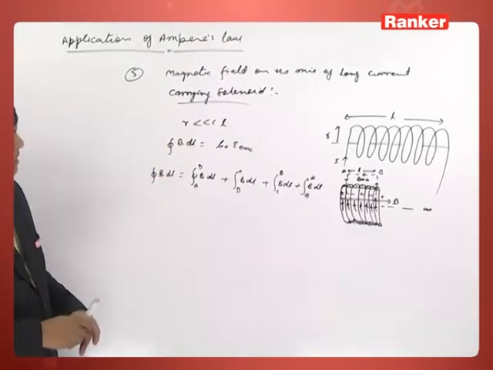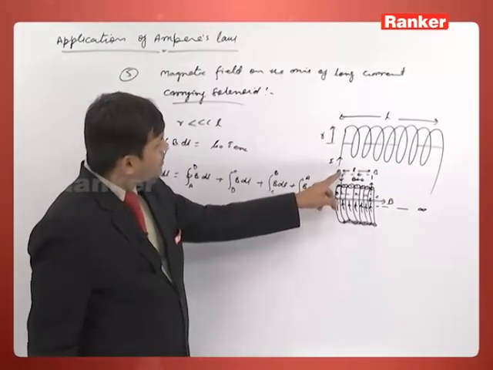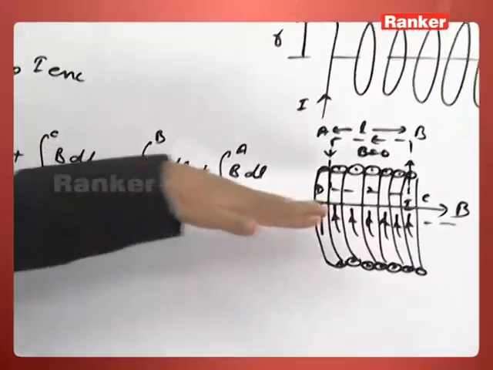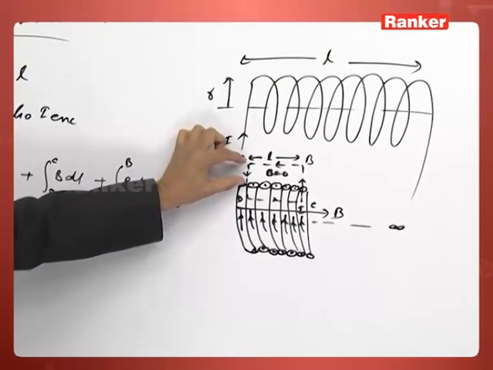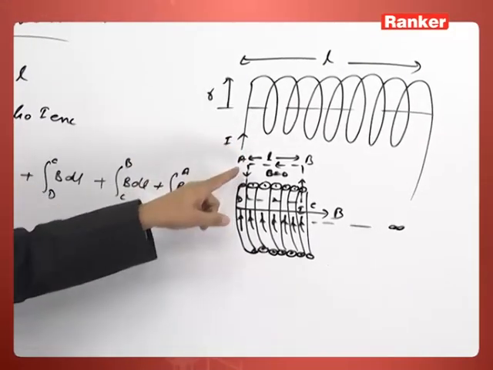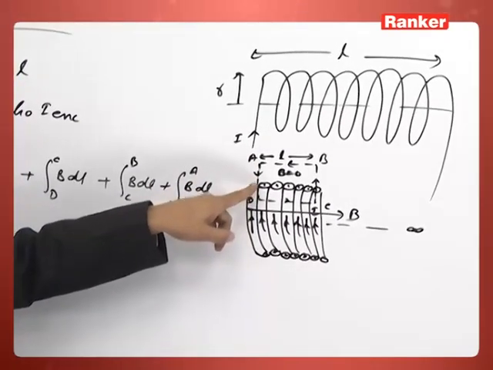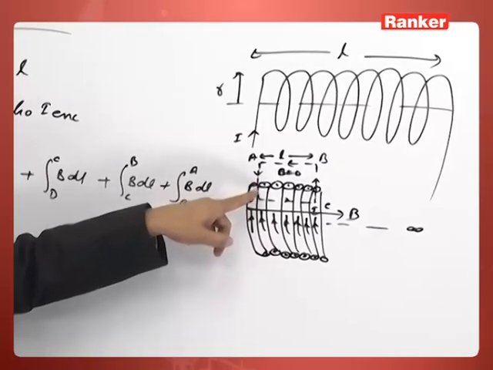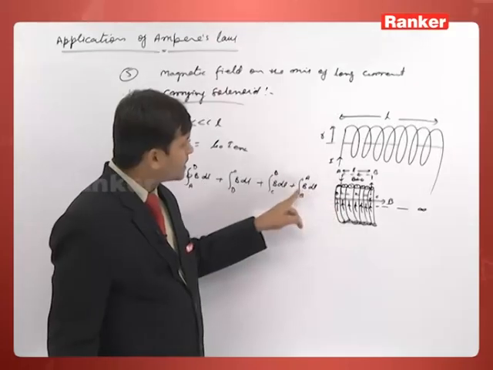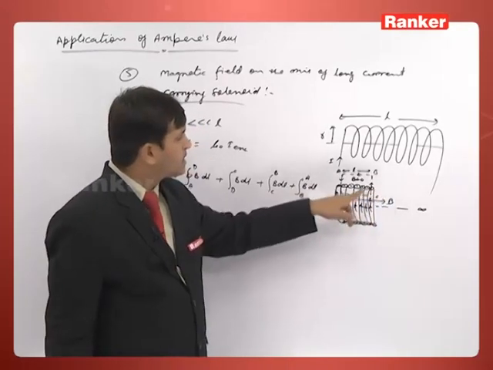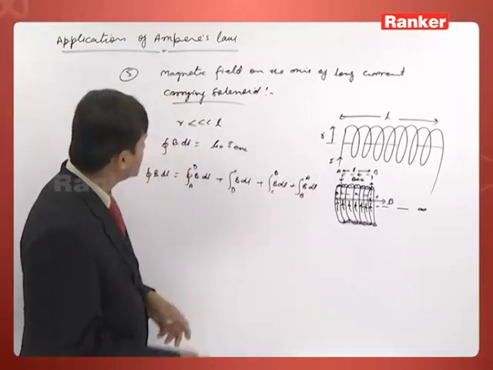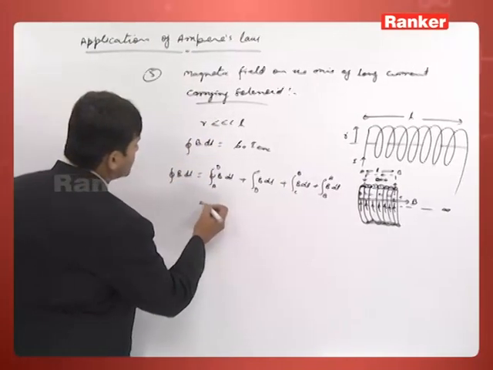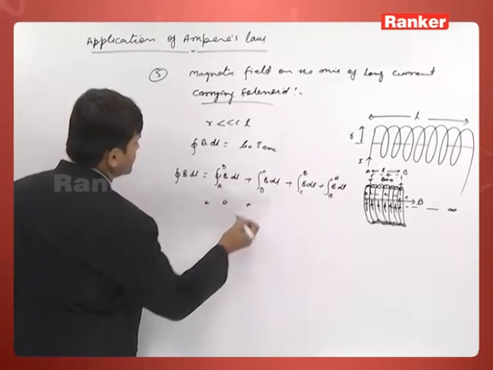Now when we are looking from A to D, the magnetic field is along the axis of the loop. First of all, outside the solenoid there is no magnetic field, so B dot dl will be 0. And if I am looking at the inside part, we are going in this direction, but the magnetic field is in this direction. So the angle between B and dl is 90 degrees, so B dot dl will be 0. So this term becomes 0 plus.